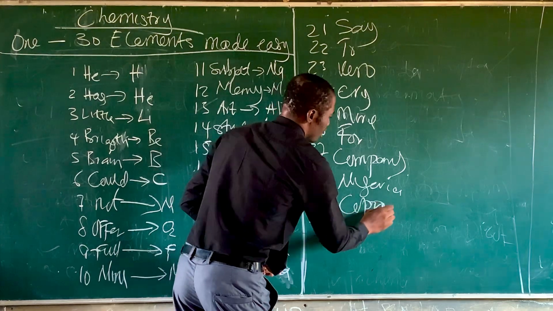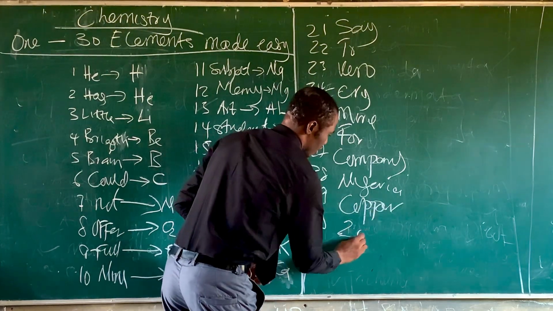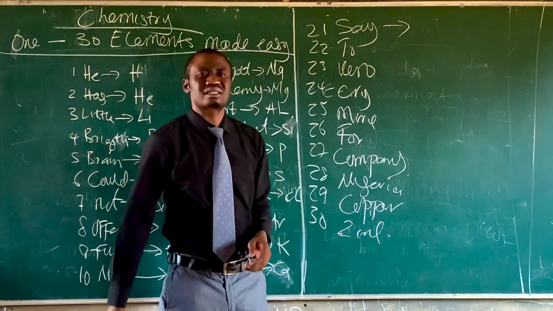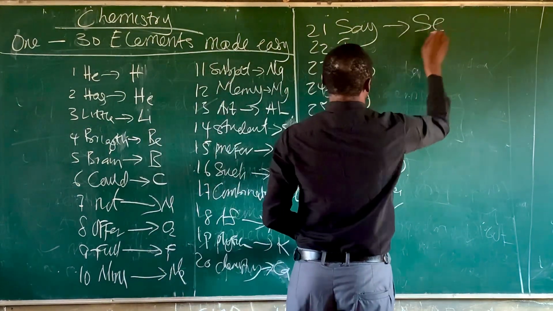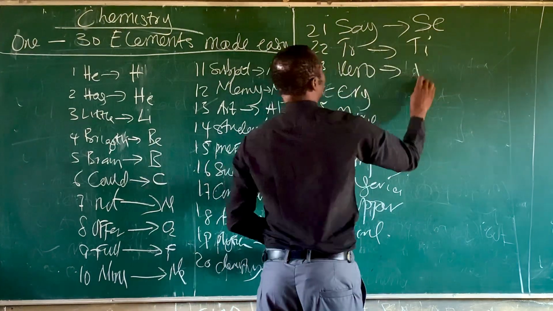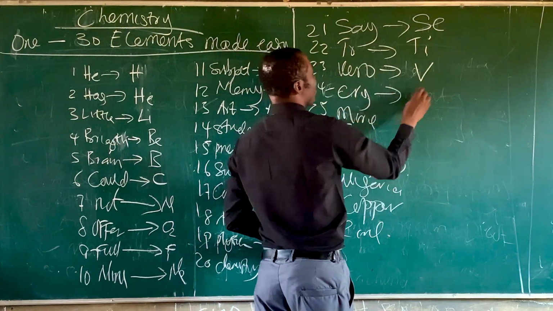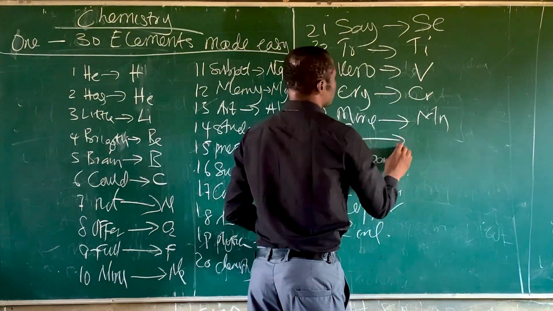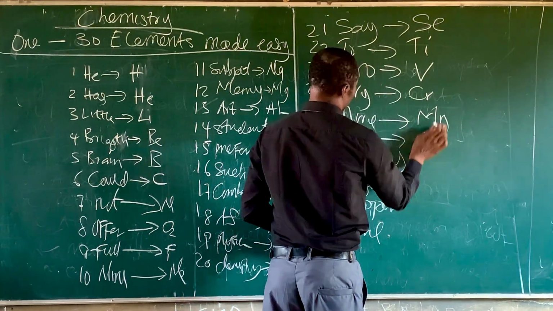copper and zinc. So what is Say? Say over there is cadmium. What is 2? Titanium. What is Very? That's vanadium. What is Cry? That's chromium. What is More? That's manganese. What is 4? That's iron.